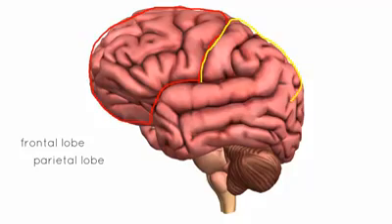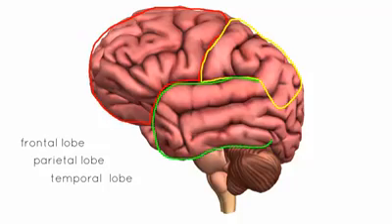So I'm outlining this in yellow. And this is called the parietal lobe because it lies under the parietal bone. And inferior to the lateral sulcus, which I'm drawing on in green, we've got the temporal lobe. So I'm just outlining the temporal lobe here, and it runs like that.